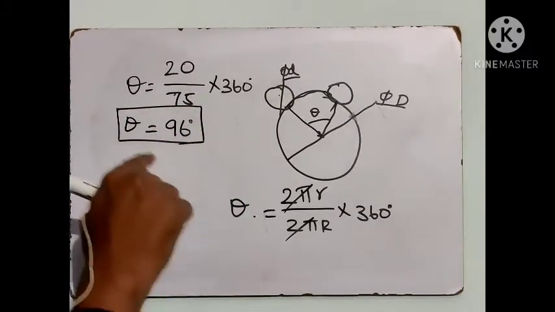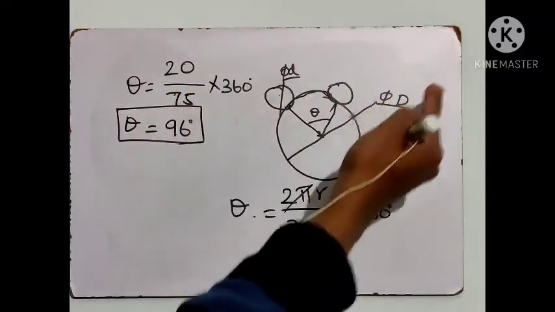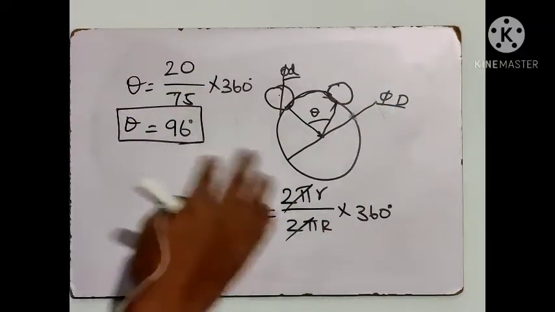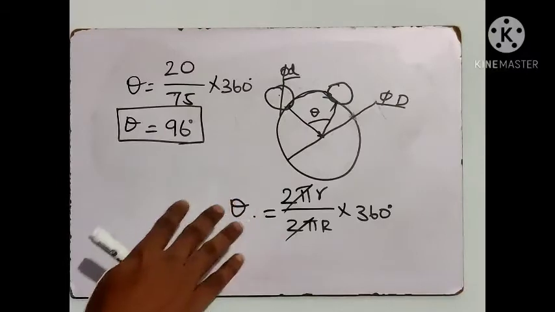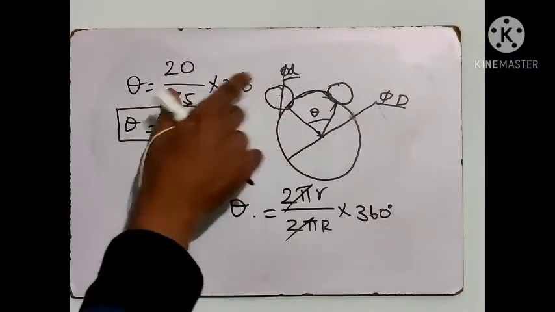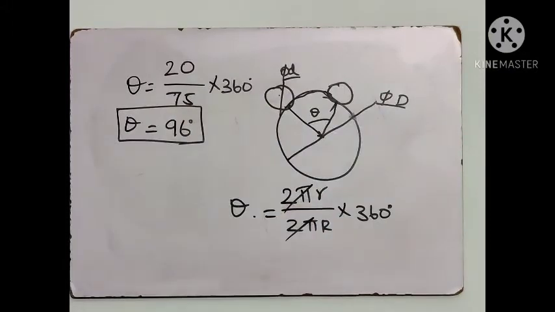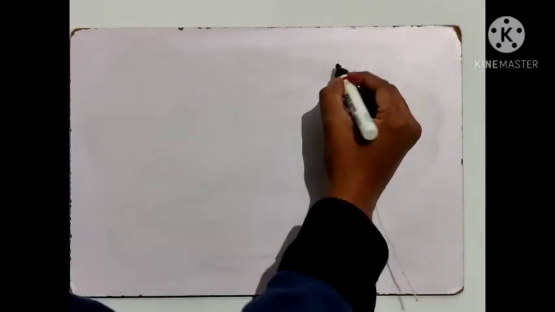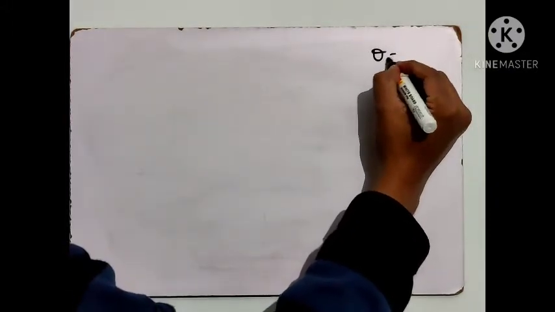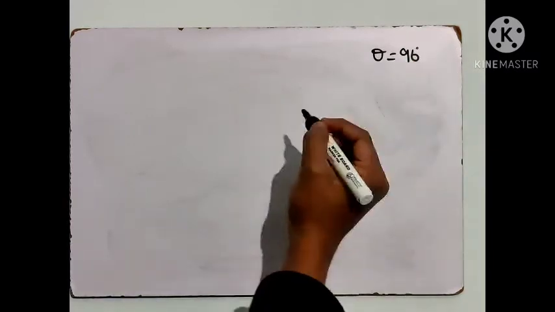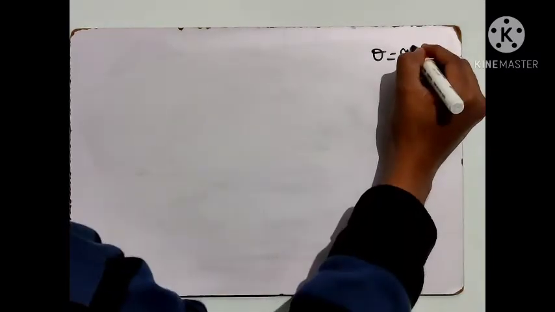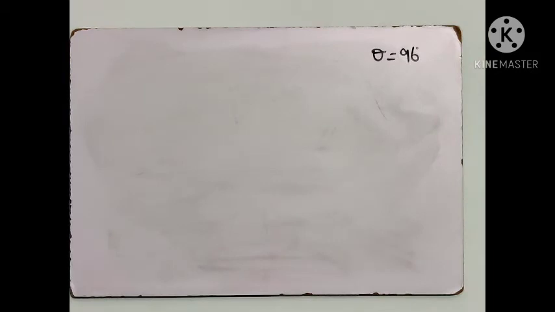In your drawing sheet, you need to show these calculations to the right side of the drawing. Due to space constraint, I am going to erase it, whereas in the drawing sheet, it should come in this part. As we calculated, the value of theta is 96 degree.